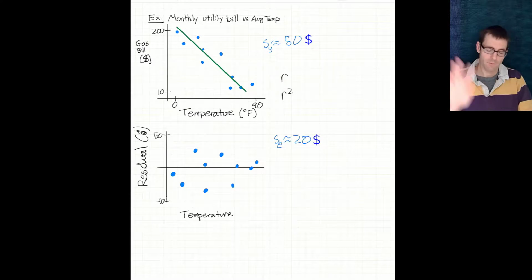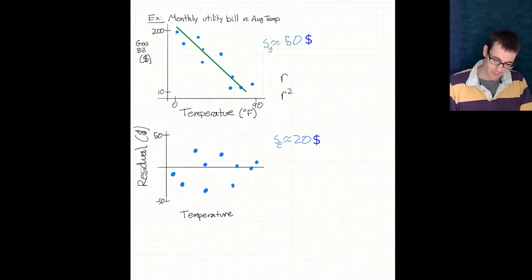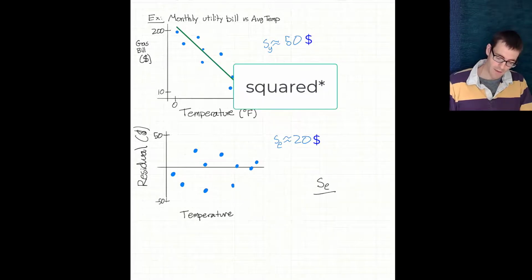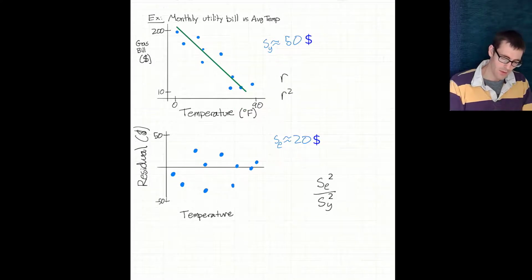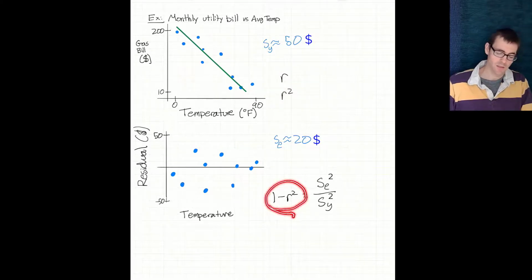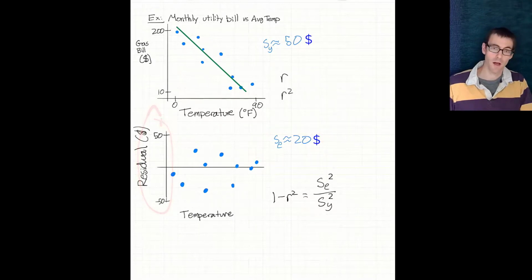Numerically, and this formula is not important, if we took the standard deviation of the residuals divided by the standard deviation of the y values, this is going to equal 1 minus r squared. In other words, if we have a large r, something close to 1, this number is close to 0 and this fraction is very small. That means there's very little variance left over in the residual plot.